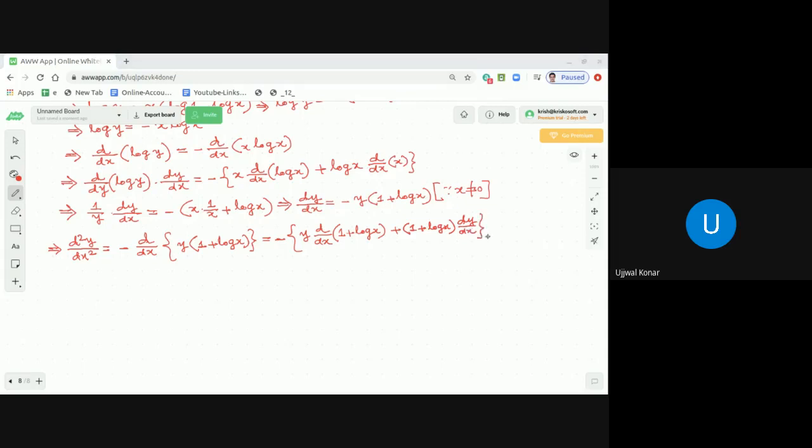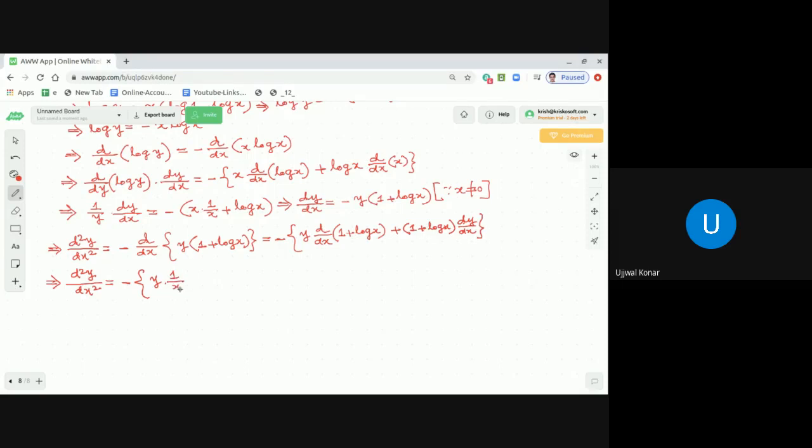Correct, dear students? So now if we simplify further, d2y dx2 is equal to minus of y into d dx of 1 plus log x, where d dx of 1 is 0 and of log x is 1 by x.